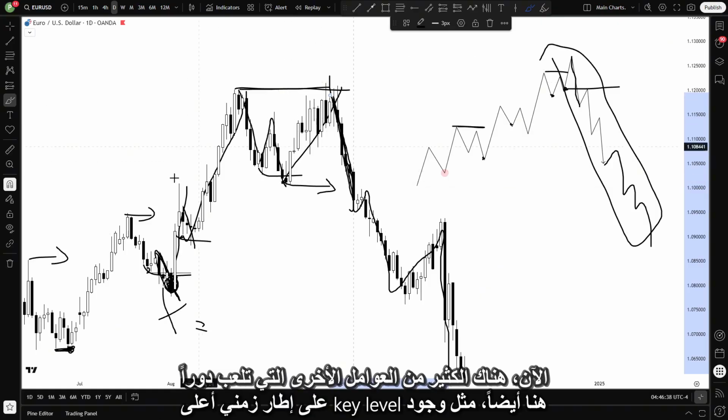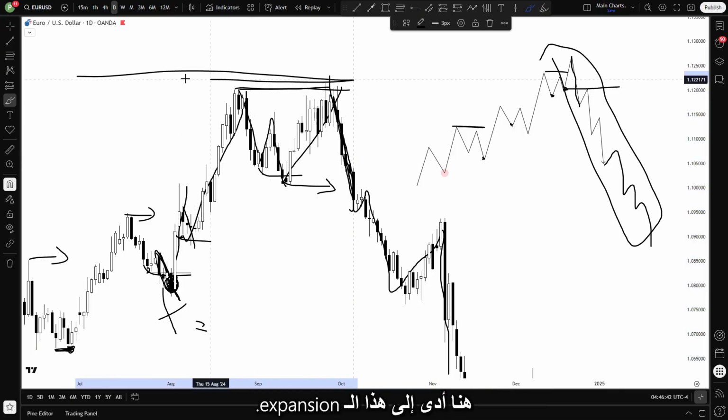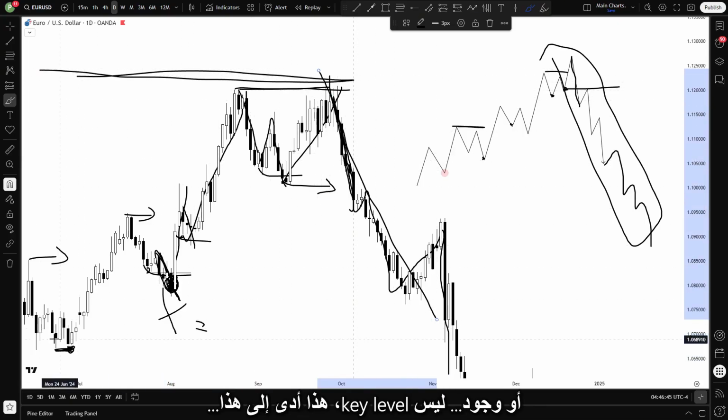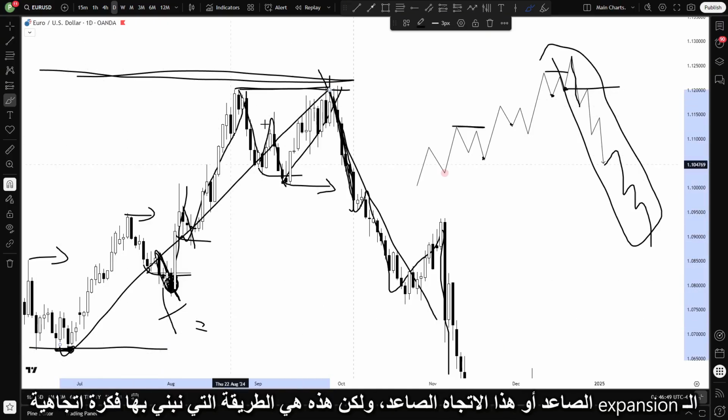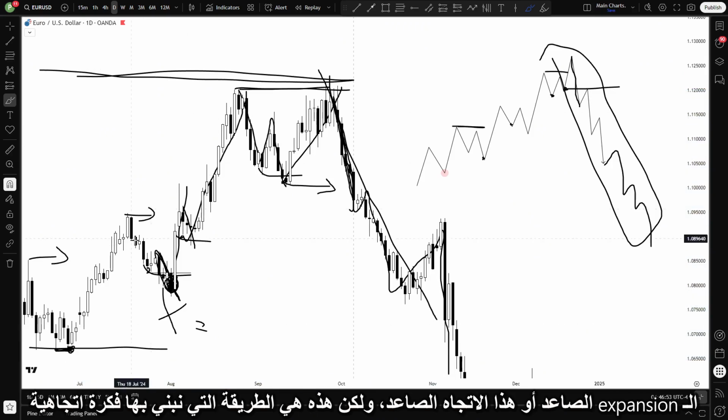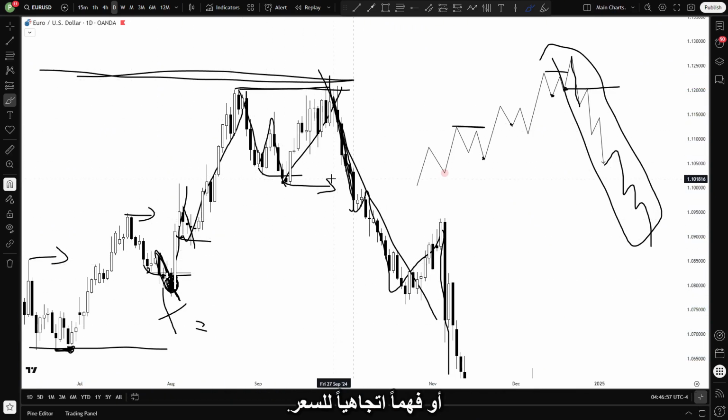Now there are a lot of other factors playing out here as well, like there is a higher time frame key level that led to this expansion, or a higher time frame discount key level that led to this bullish expansion or this bullish trend. But this is how we build a directional idea, a directional sense of price, right? This is not a bias.